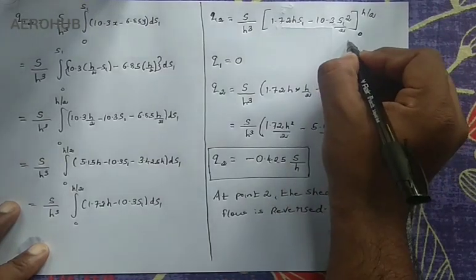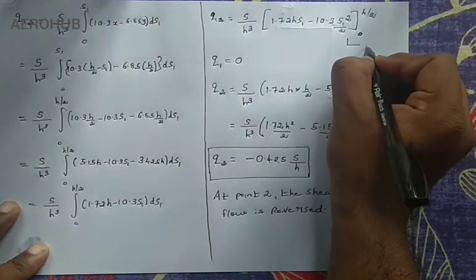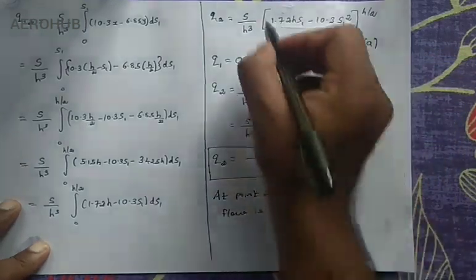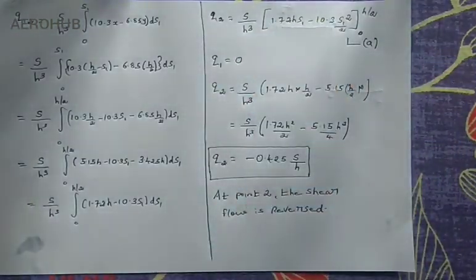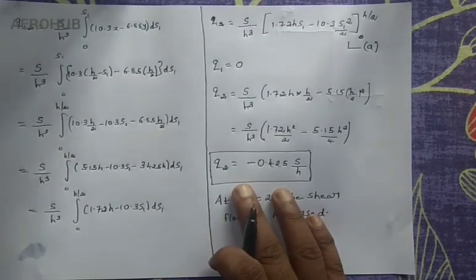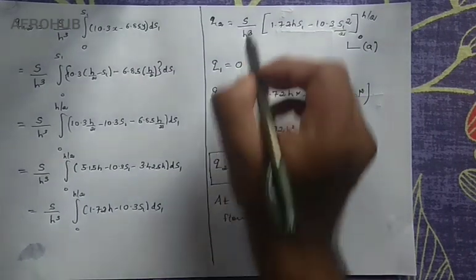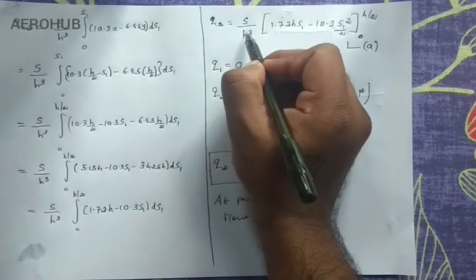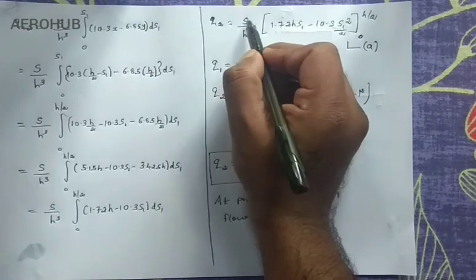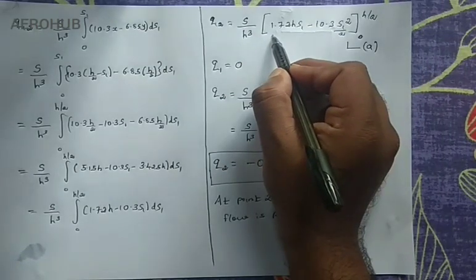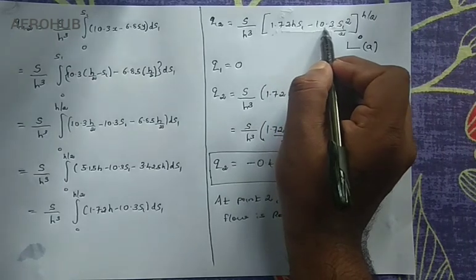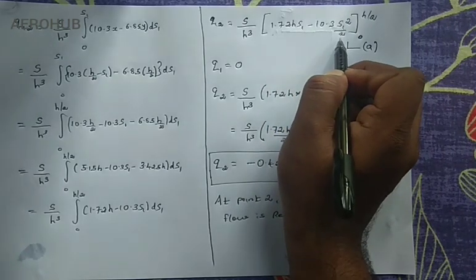I put this equation as equation number A. Okay. From equation A, we need to find out the point where the shear flow is getting 0. And S is nothing but the shear force, and h is the geometrical value of the section. So this won't be 0. We have this term 1.72 h S1 minus 10.3 S1 square by 2.